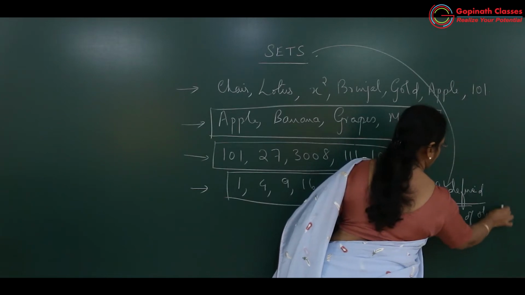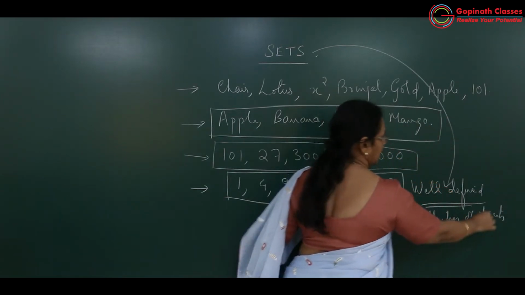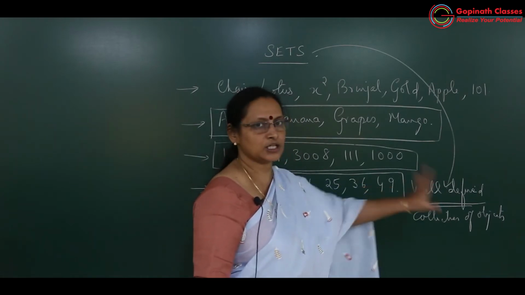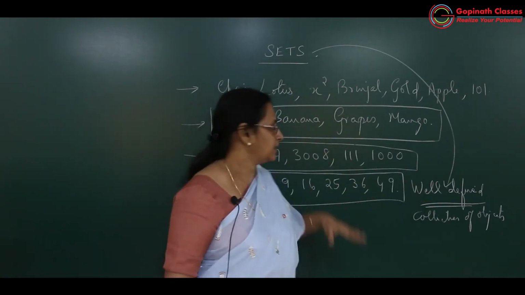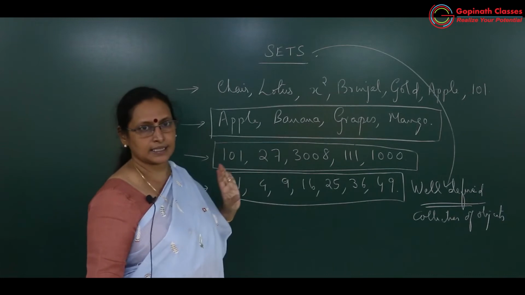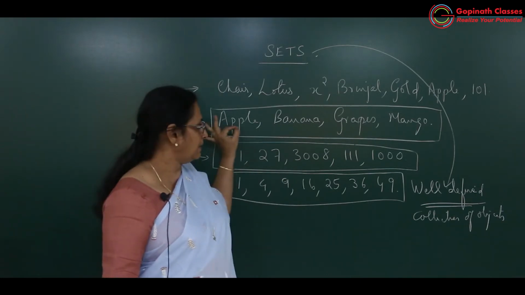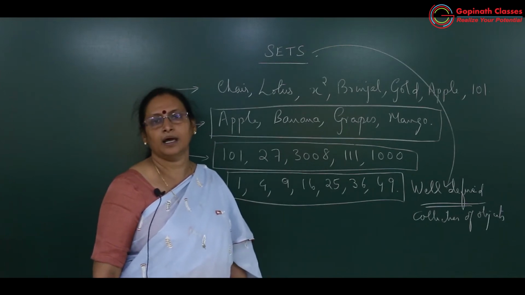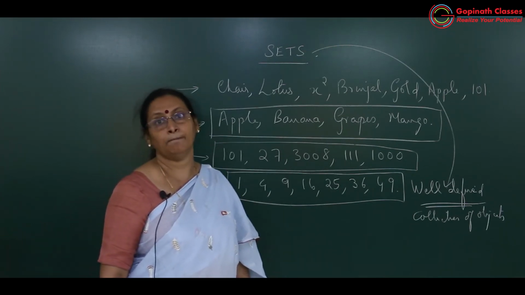objects or elements, we call them elements. A well defined collection of objects is called a set. This is a set, this is a set, this is a set. These are all elements of the set. They are normally represented inside braces.